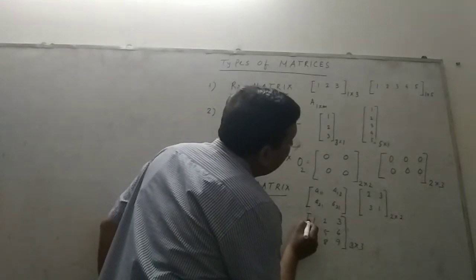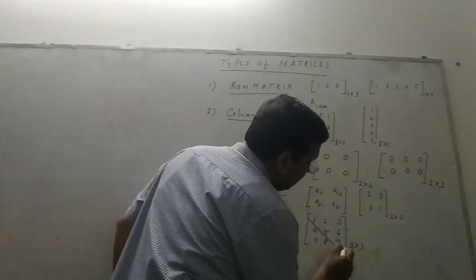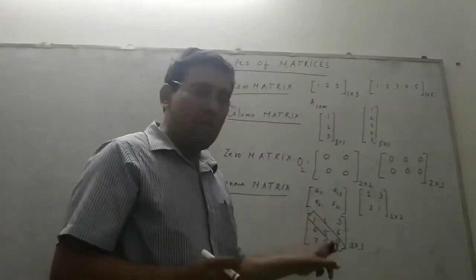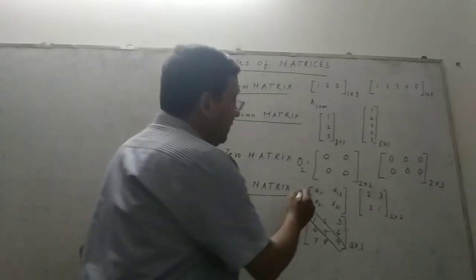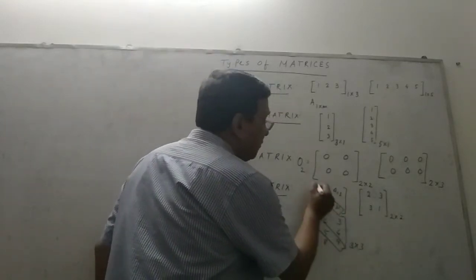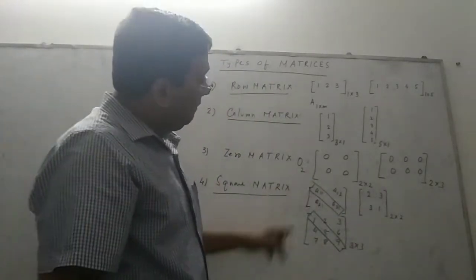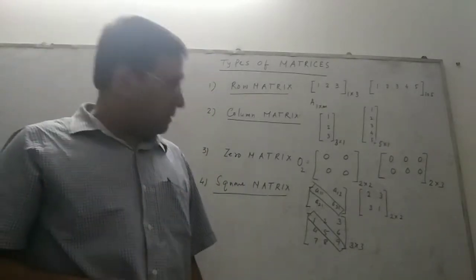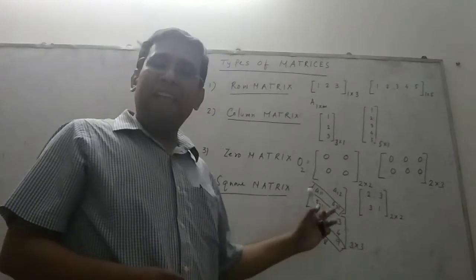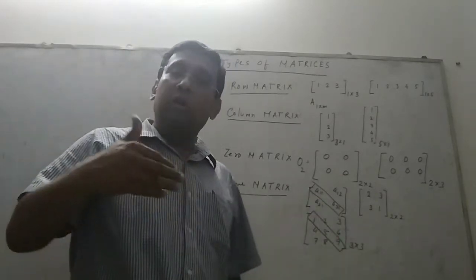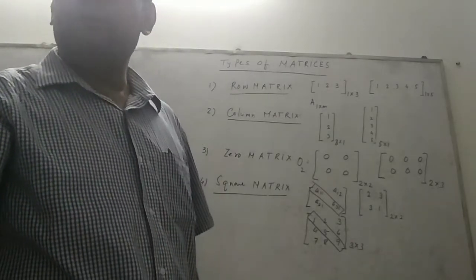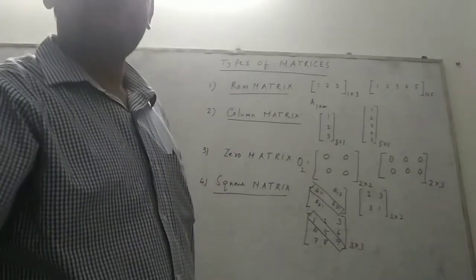See, along these diagonals, this diagonal is very, very important in the square matrix. This diagonal for any square matrix is very, very important. This diagonal is called the principal diagonal or primary diagonal. So based on the primary diagonal, we will also classify different types of matrix that we have to understand.